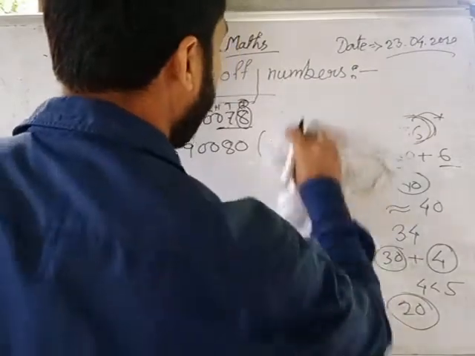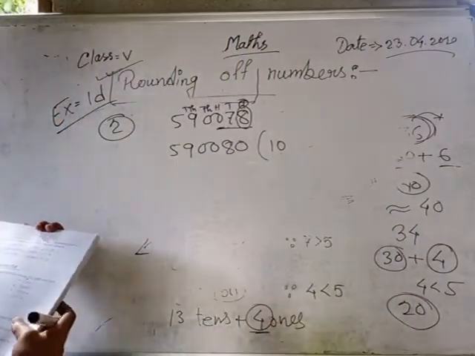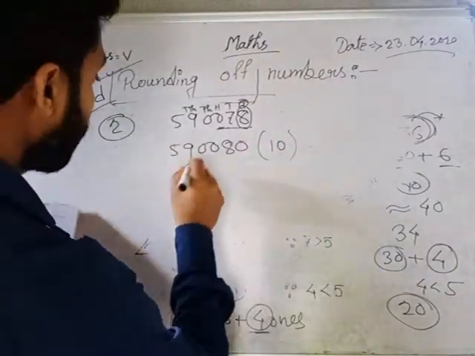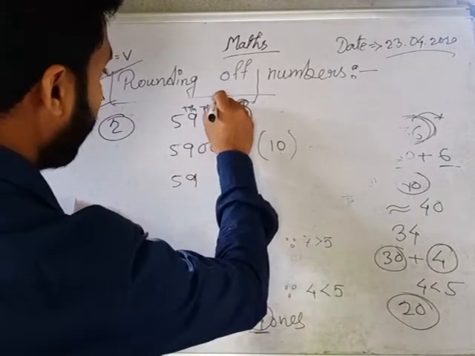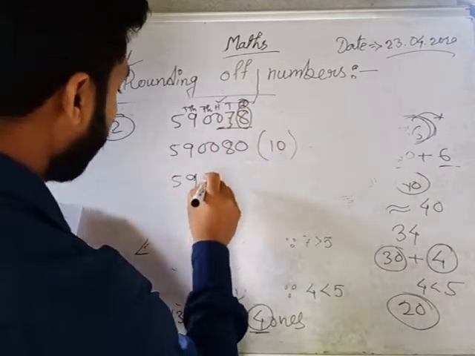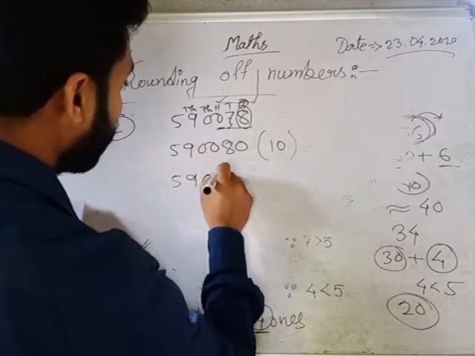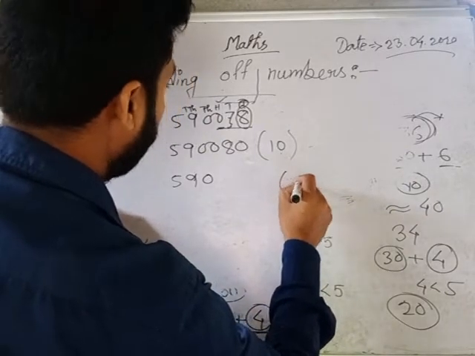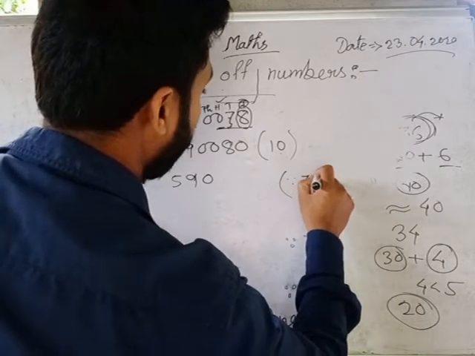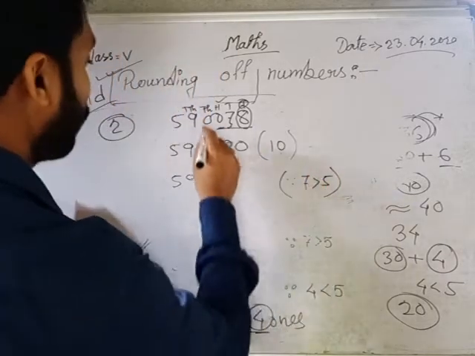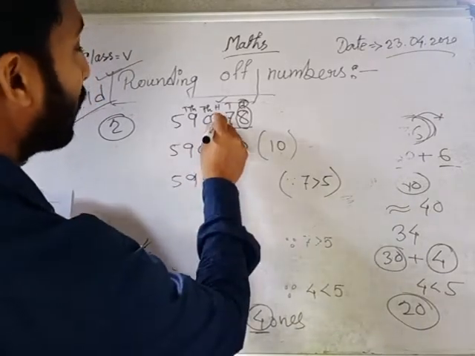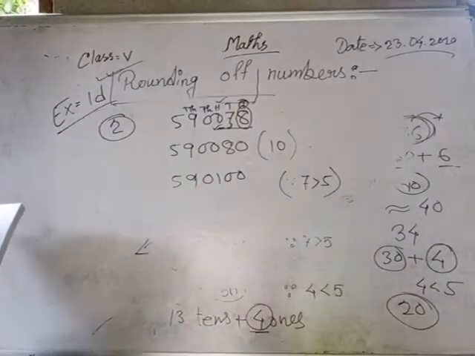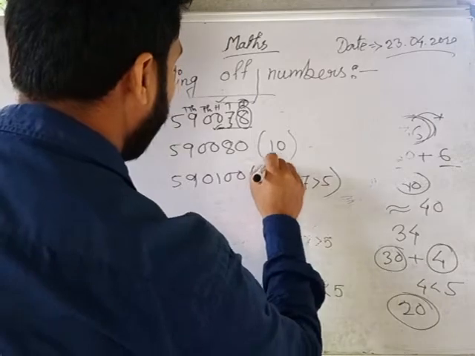And if it is to the nearest 100, 590078, the 100 place is 0 and the next digit is 7. 7 is greater than 5, that's why we should write in the 100 place 0 plus 1, that is 1. 590100. Okay. That is nearest to the 100.